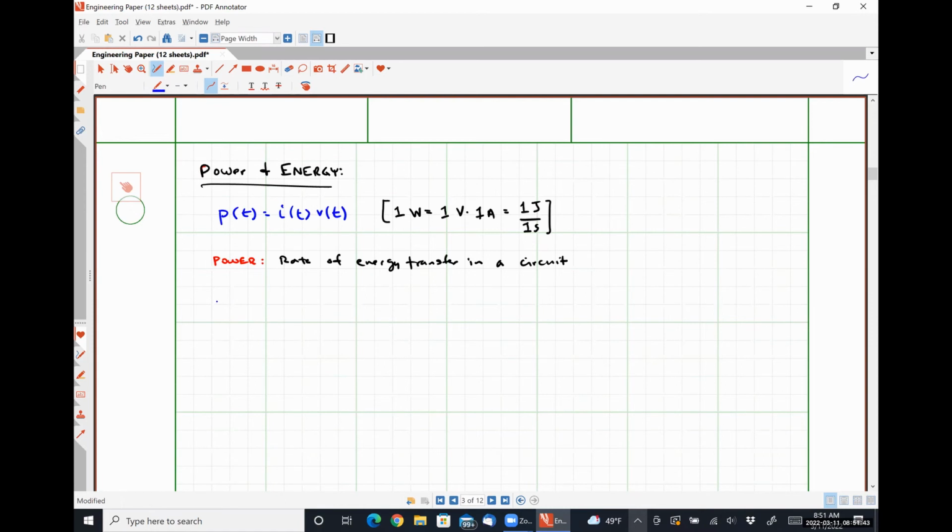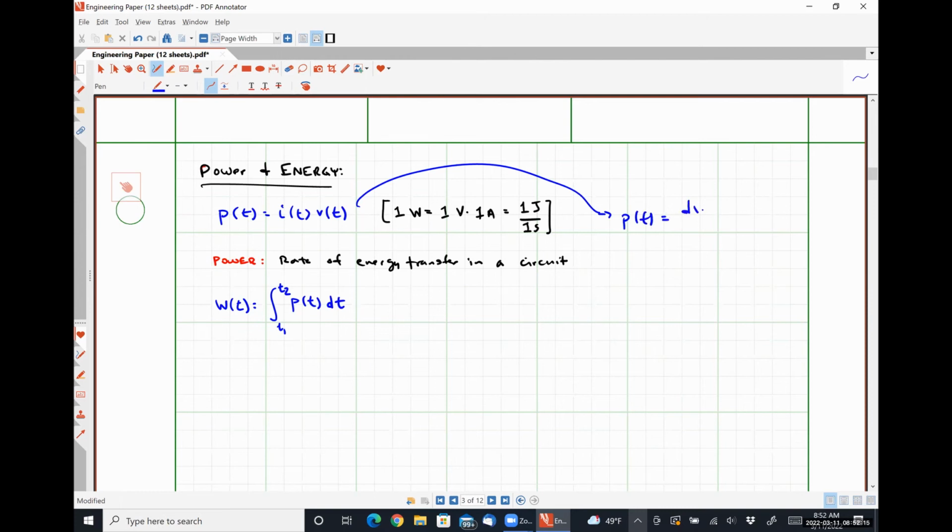Energy, which has a symbol of W, is simply the integral of power measured from one point in time of interest to a second point in time of interest. Just so we're clear here, we can have an alternative relationship for power.